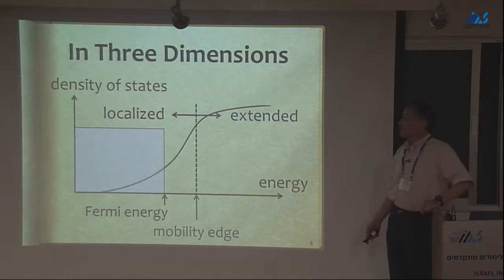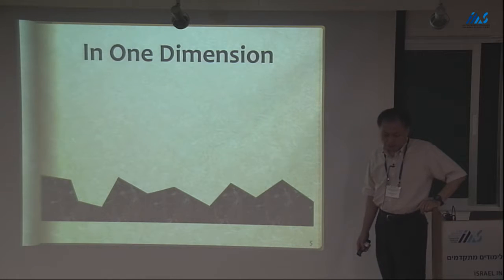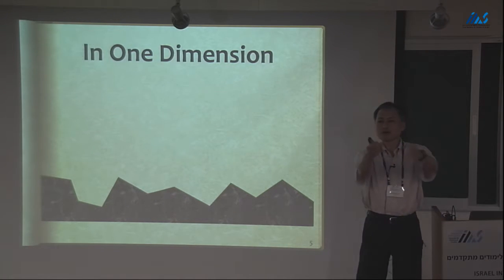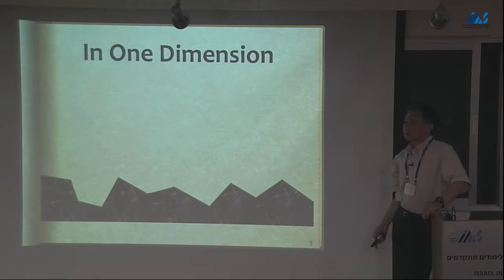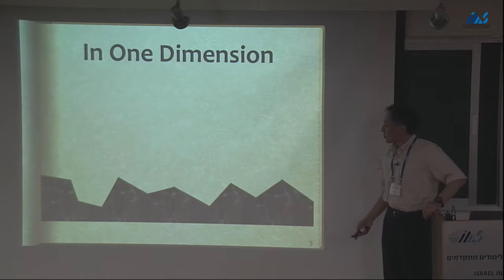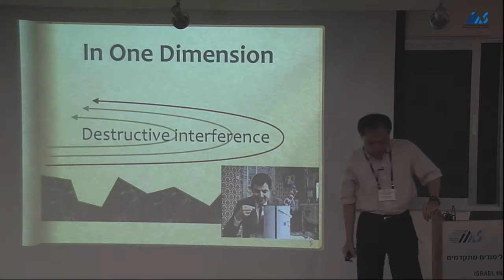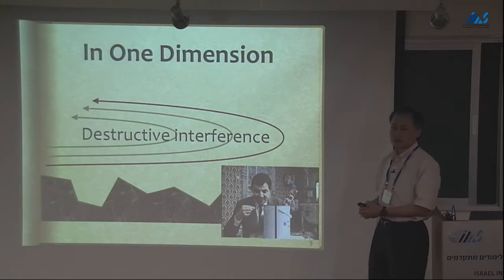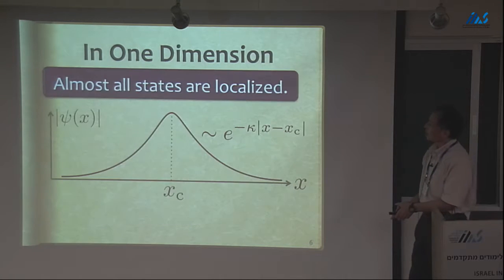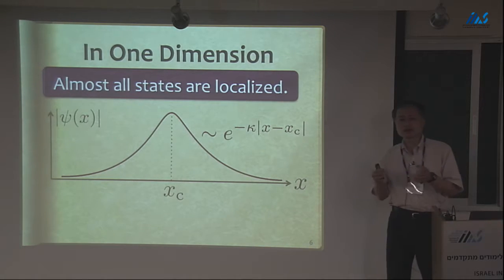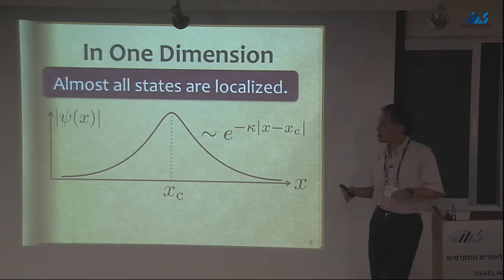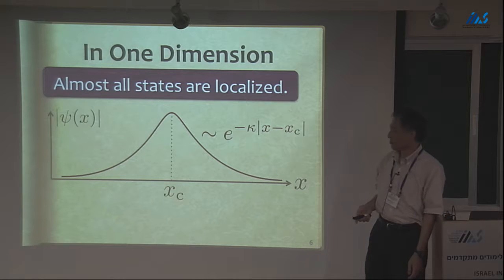But in 1 dimension, because there are not many paths going around the impurities, in fact, you have to go straight in 1 dimension, obviously, almost all waves interfere destructively. And because of that, almost all states, in fact, all states except the very, very exceptional cases, are localized in 1 dimension.